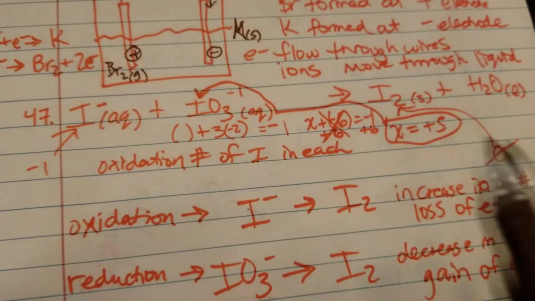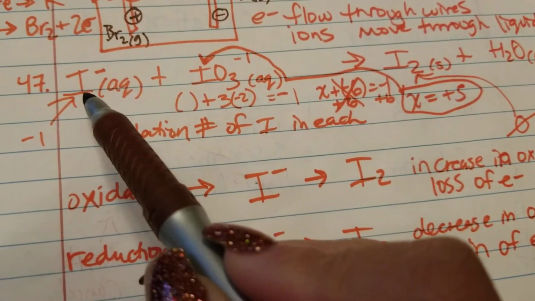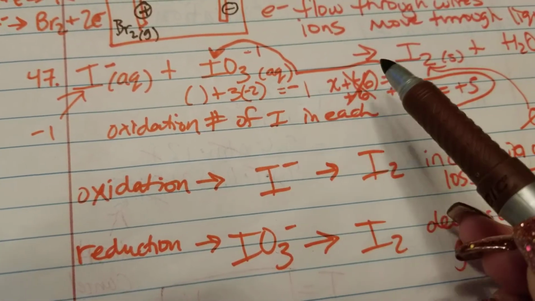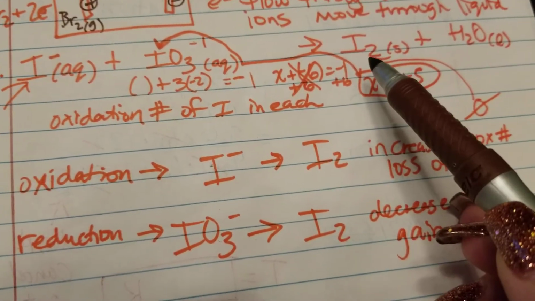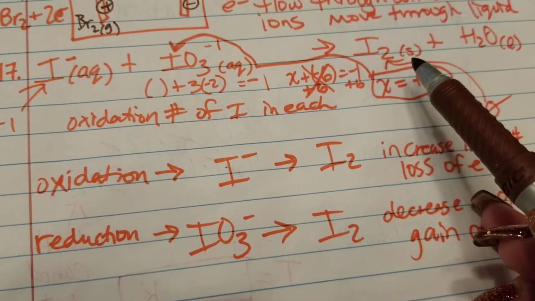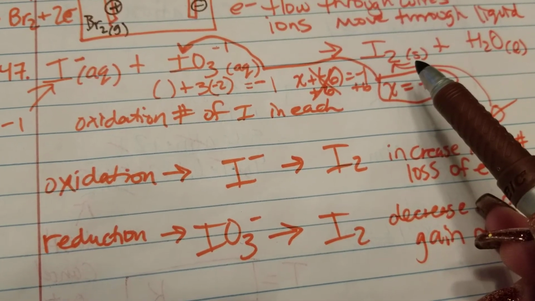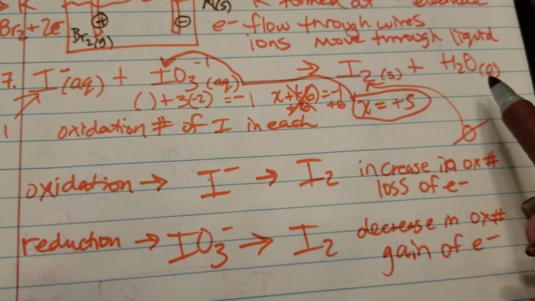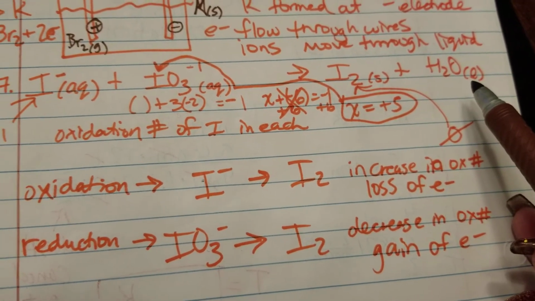So how did I draw it on my paper? Here's my iodide ion. Here's my iodate ion. And then my 2 products, iodine, which is a solid at room temperature, and water, liquid. That's an L, in case you can't read that.